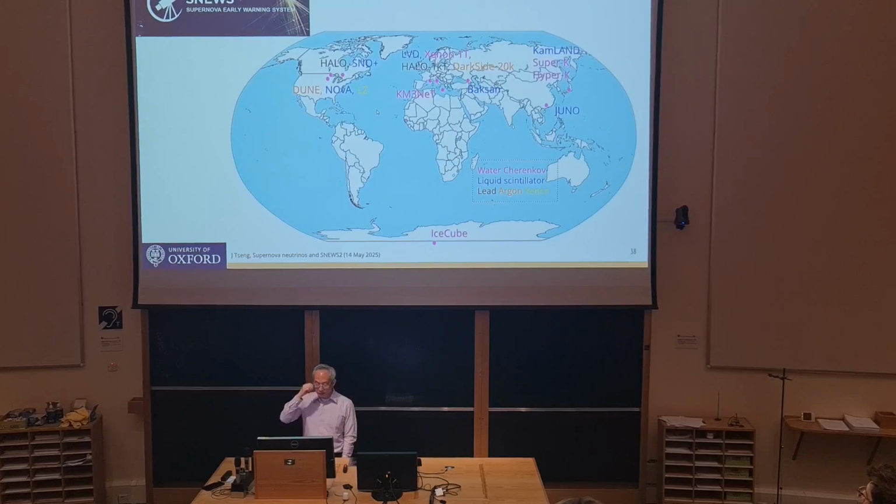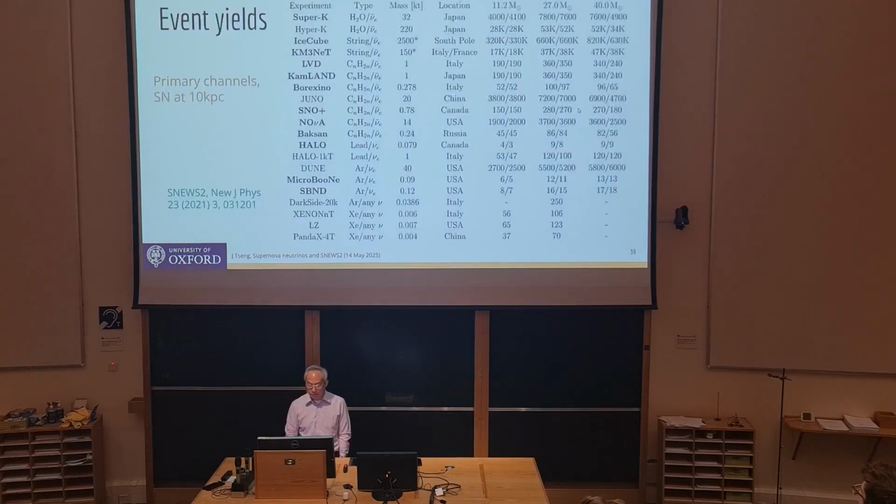The network of detectors is potentially quite a bit larger, and some of these groups have already signed the MOUs, and we're working on a bunch of the others. So there's KM3NeT, IceCube, JUNO coming online, et cetera. In terms of event yields, remember, before it was 24 events. Now we're talking potentially thousands of events. IceCube claims that they're going to see almost 1 million events.